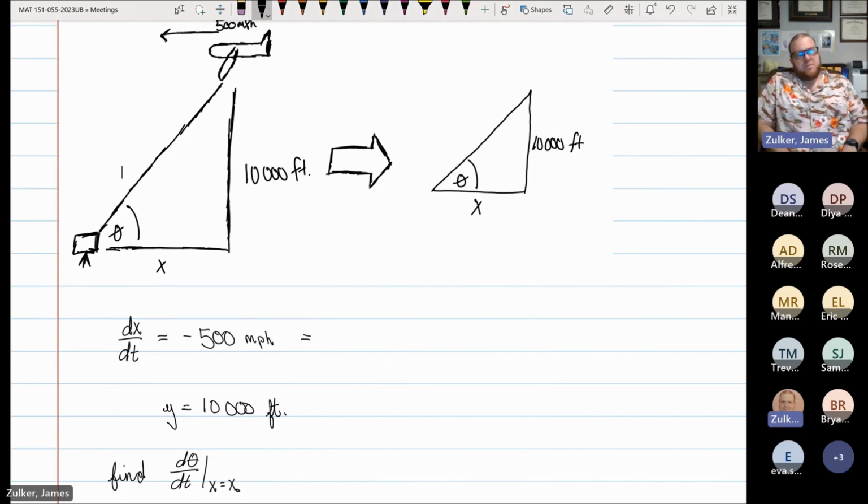So let's convert miles per hour into feet per hour. What is it, 5280 feet in a mile?